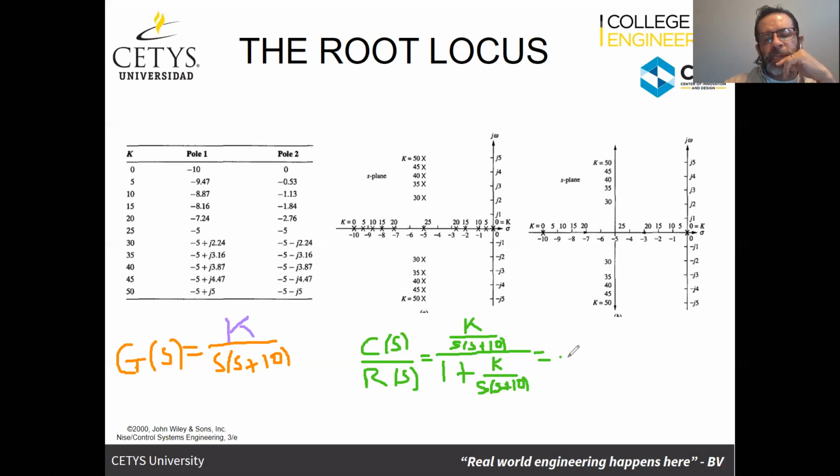And if we simplify this, what we're going to get is K divided by S squared plus 10S plus K.